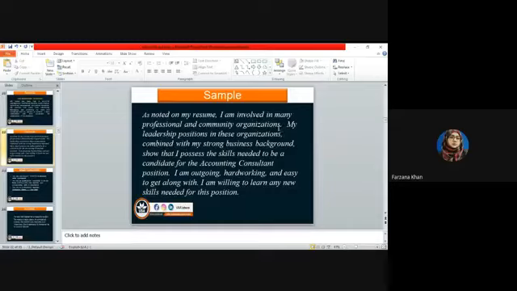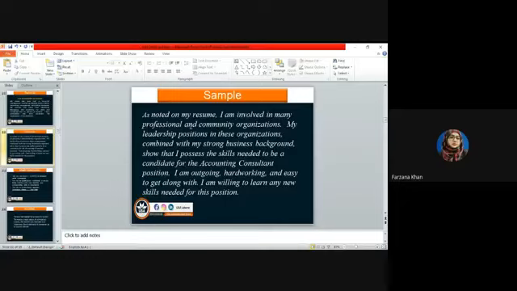The name has not been mentioned, on which date and in which organization or committee he was involved, but he has given the reference to the resume. My leadership positions in these organizations, combined with my strong business background, show that I possess the skills needed to be a candidate for the accounting consultant position.